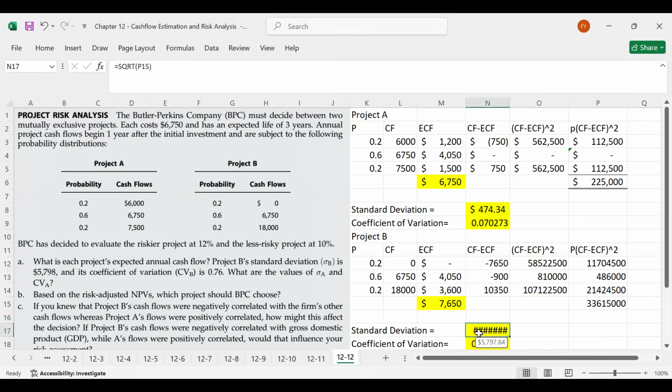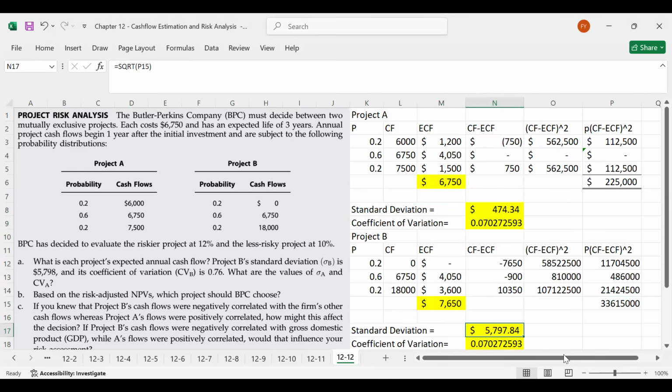So the standard deviation is P15. So this is the standard deviation, 5797.8. So here you can see this is almost similar, 5797.8 means 5797. So here both are the same.